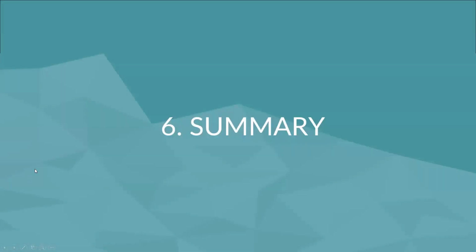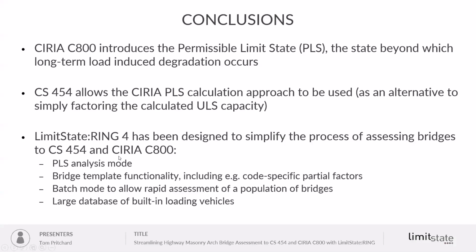So I'll just quickly summarize. So we've seen that CIRIA C800 introduces this permissible limit state approach, and that's the state beyond which long-term load-induced degradation can occur. And CS454 allows this CIRIA PLS calculation approach to be used as an alternative to their own factoring the calculated ultimate limit state capacity.